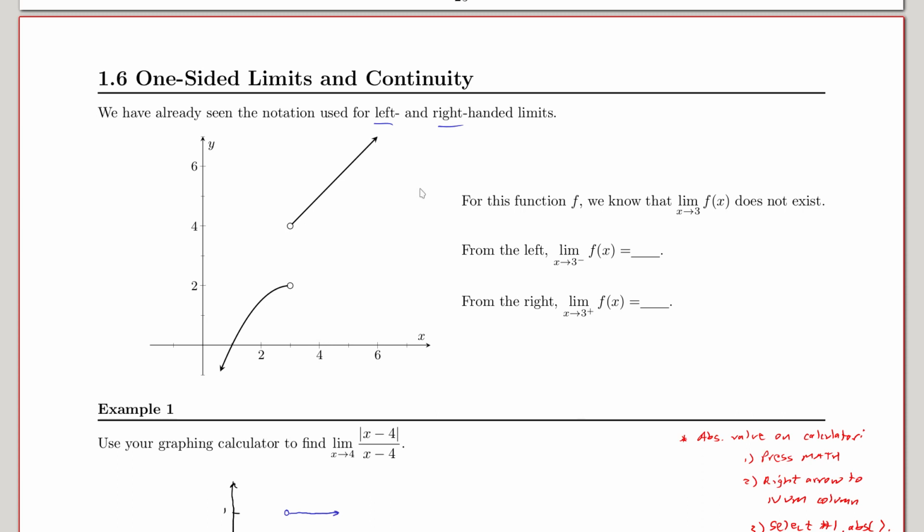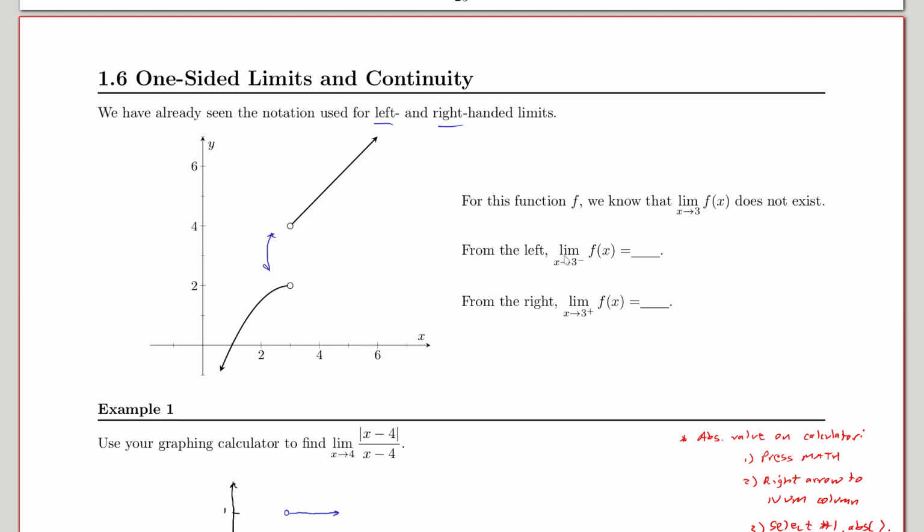You already know a bit about it, but we're going to explore its relationship to limits. So here's a function, f of x. We know the limit doesn't exist because the left and right hand limits are not in agreement.